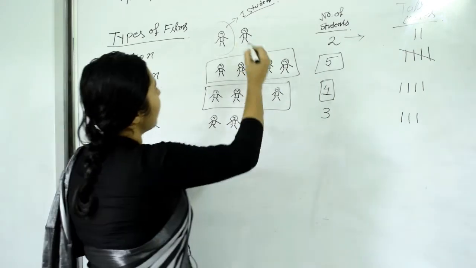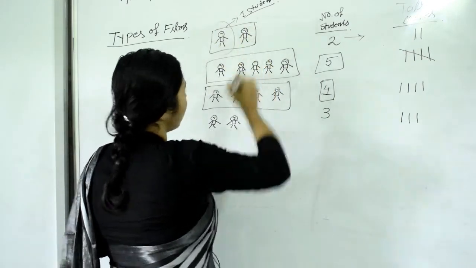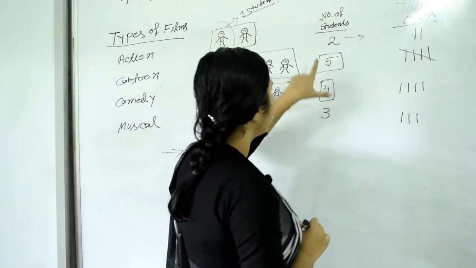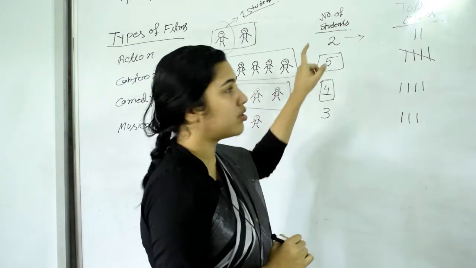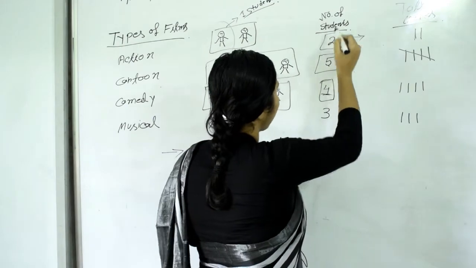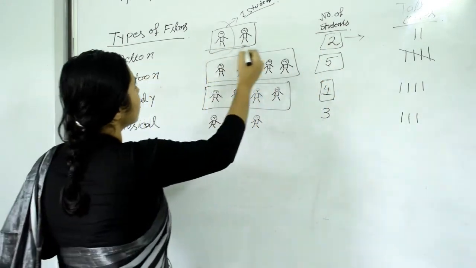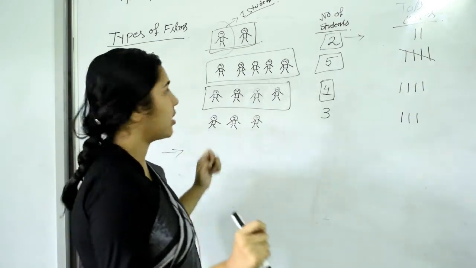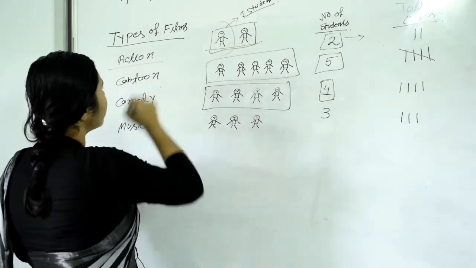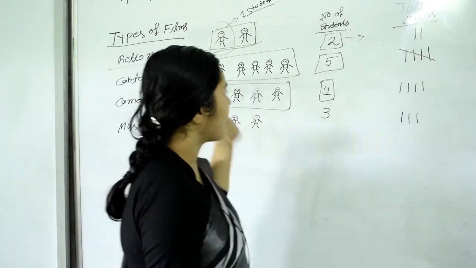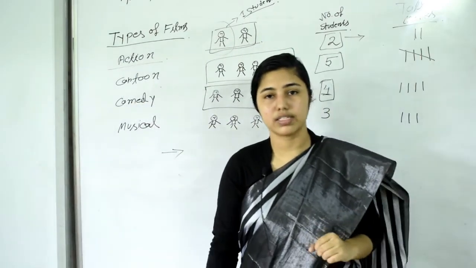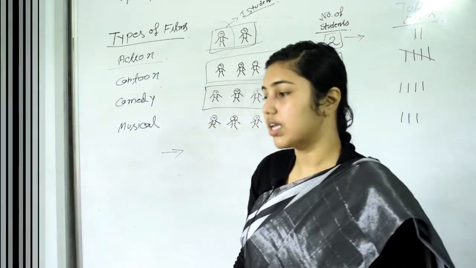Among 5, 4, 3 and 2, number 2 is less than 3, 4, 5, right? Which means least of the students like action films. So from this table we can also answer this type of questions.